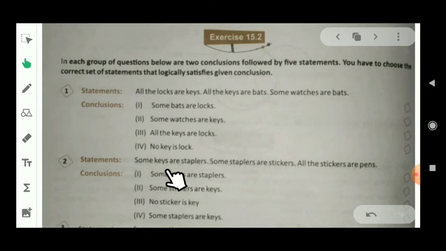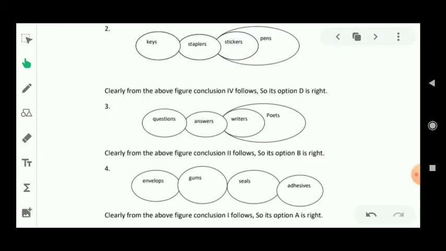The statements of question number 2 are: some keys are staplers, some staplers are stickers, all the stickers are pens. The conclusions are: some pens are staplers, some stickers are keys, no sticker is key, and some staplers are keys. Let's see the solution of this given question.